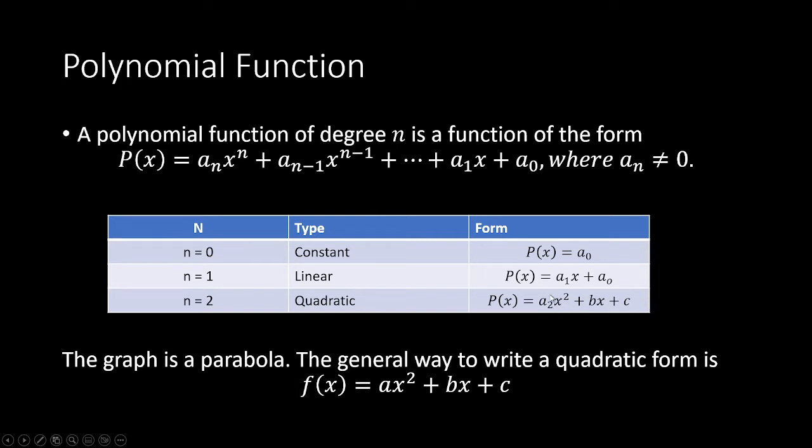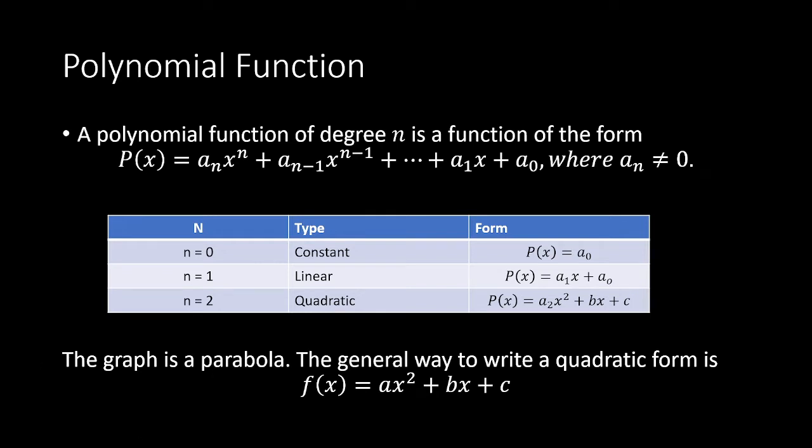So this gives you the quadratic form, and we usually write the quadratic form as ax squared plus bx plus c, and the graph is a parabola. It either opens up or opens downward, depending on how the graph is designed.